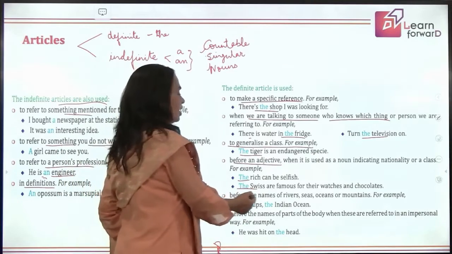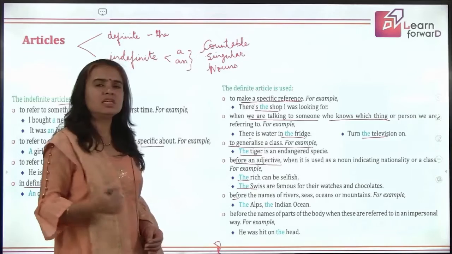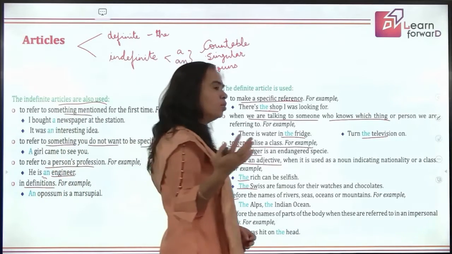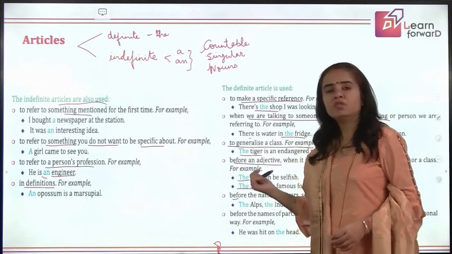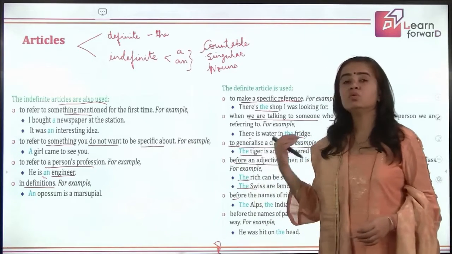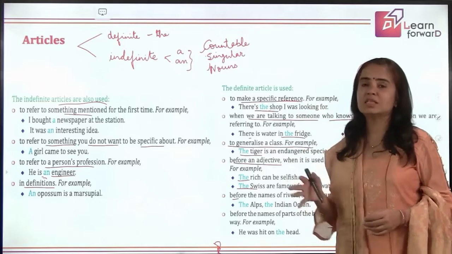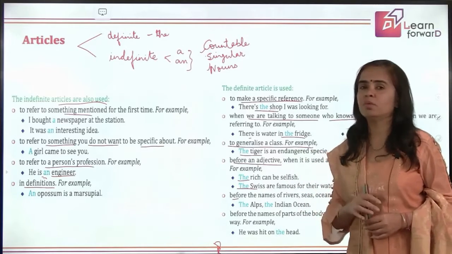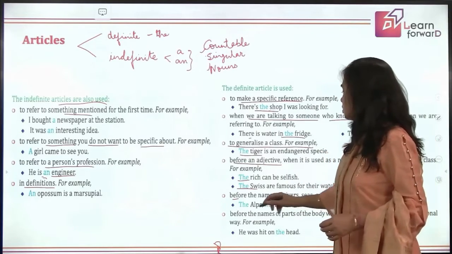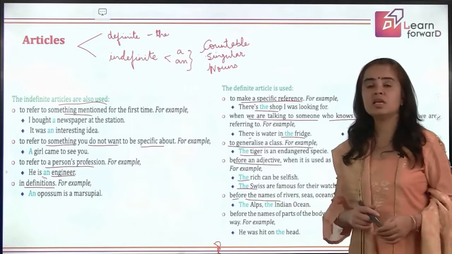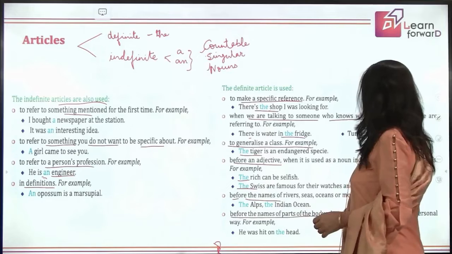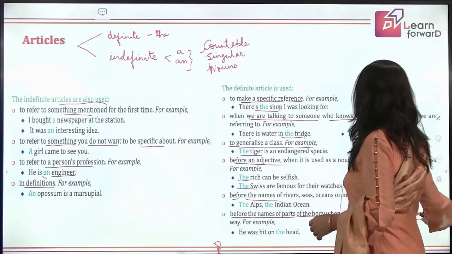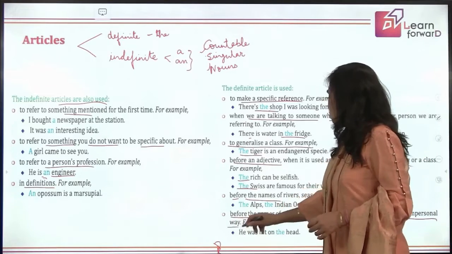Next, before the names of rivers, oceans, seas, then the newspapers, then monuments, mountains, the geographical features. With them also we use the, and with the holy books also, a list that we have already learned right from grade 3 and 4. So we use the before those special names also, right? Coming to next, before the names of parts of the body, when these are referred to in an impersonal way.